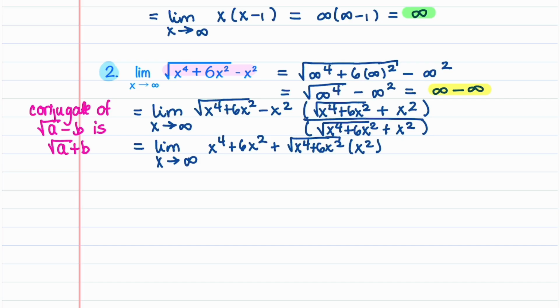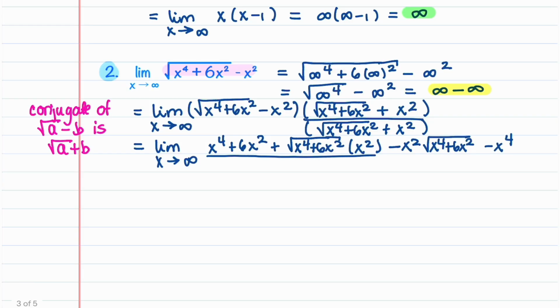Now let's multiply the inner terms. I'm going to put parentheses up here to make it easier. The inner term is minus x squared times the square root of x to the fourth plus 6x squared. And then finally our last terms, which is our x squared terms multiplied, which is minus x to the fourth.